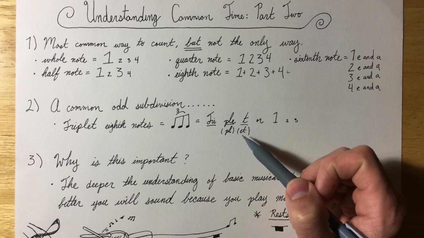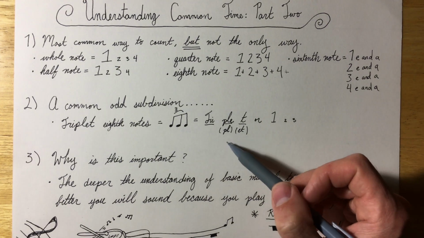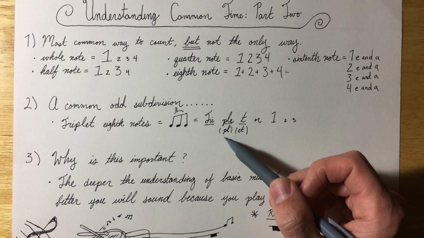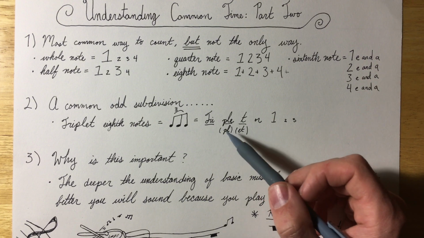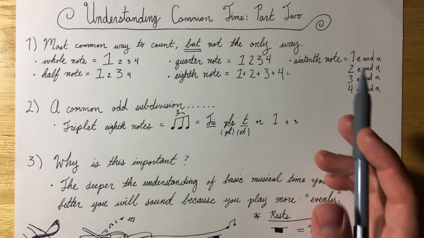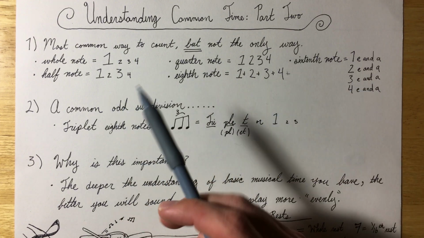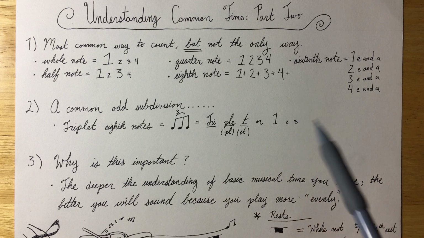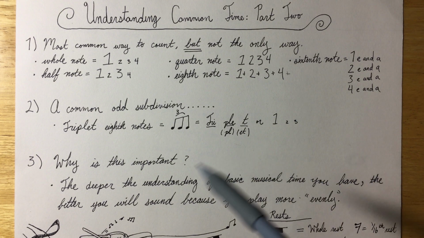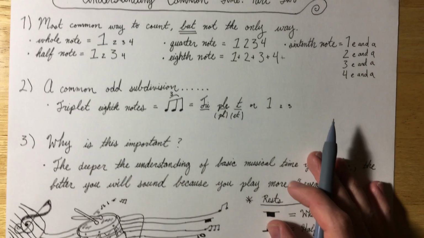So triplet, or 1, 2, 3, or I put in parentheses, triplet like this. It doesn't really matter, all that matters is that you're dividing the beat evenly in threes, however you want to count it. These are the most common ways you'll come across in most basic rudimentary books on time.